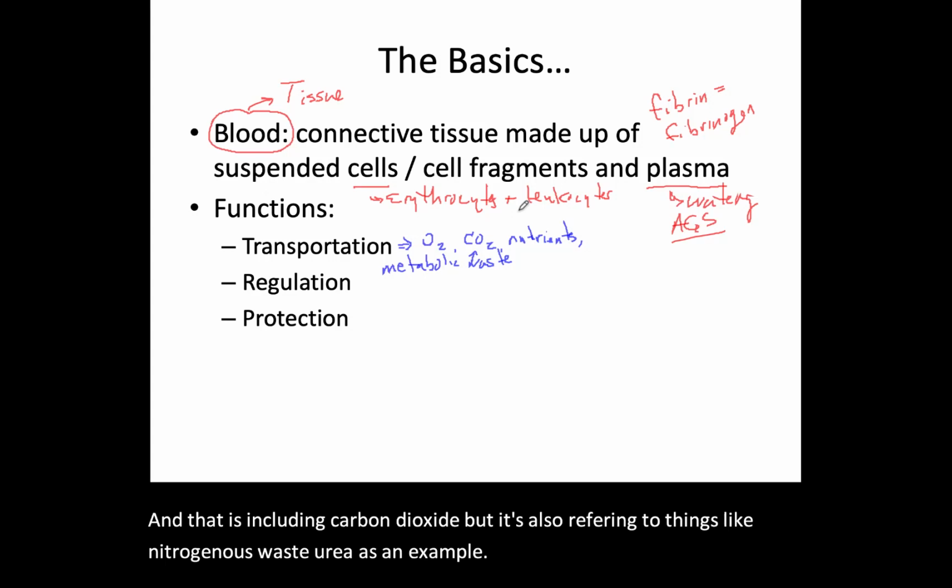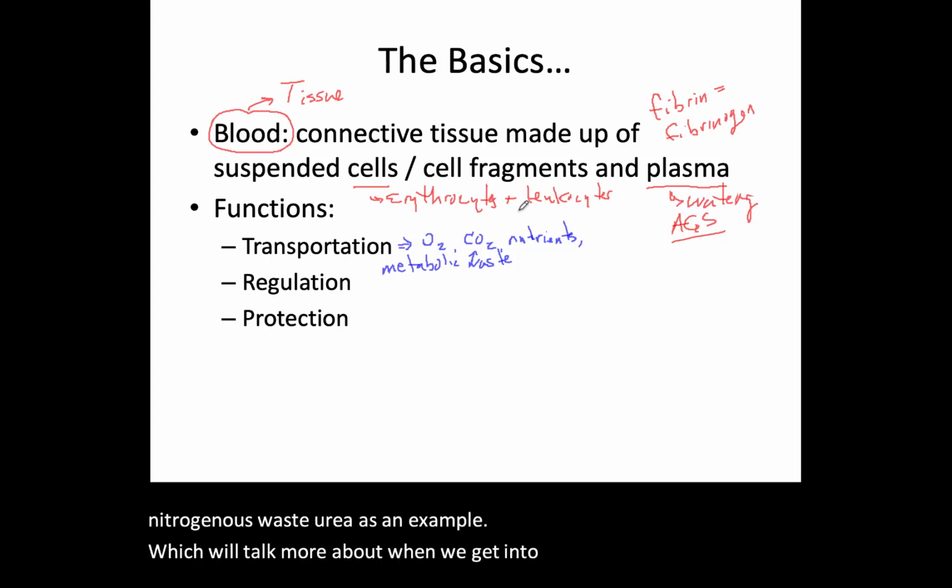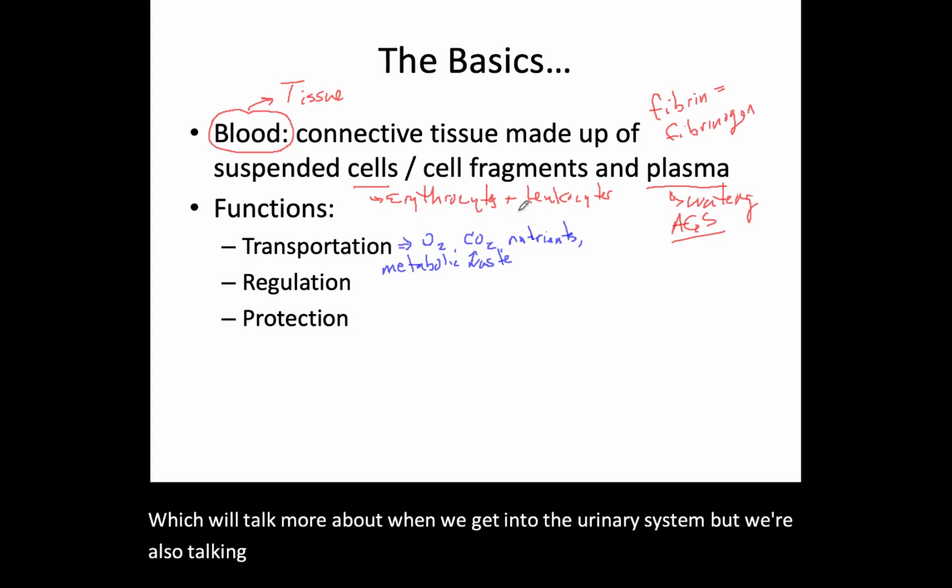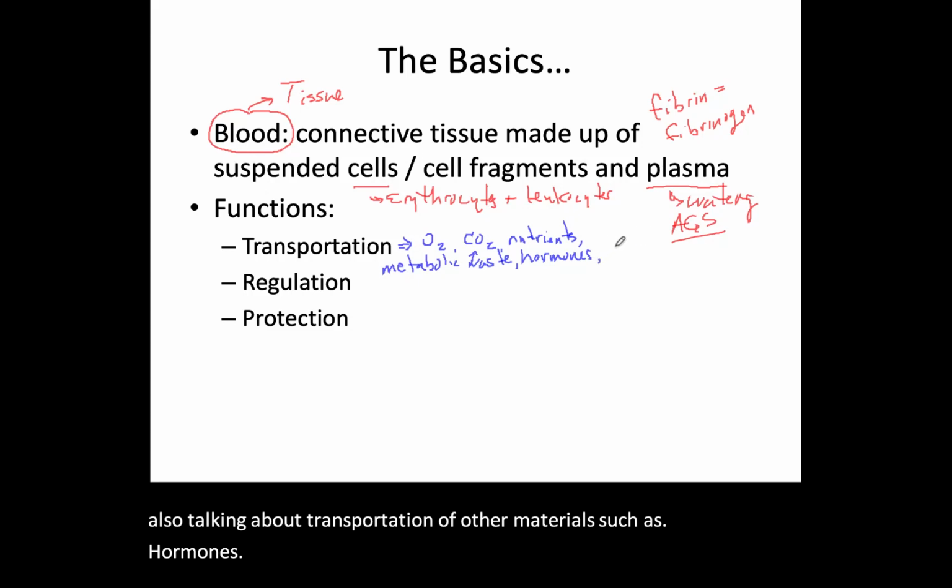And that is including carbon dioxide, but it's also referring to things like nitrogenous waste, urea, as an example, which we'll talk more about when we get into the urinary system. But we're also talking about transportation of other materials, such as hormones. We're talking about transportation of things like proteins. Right?